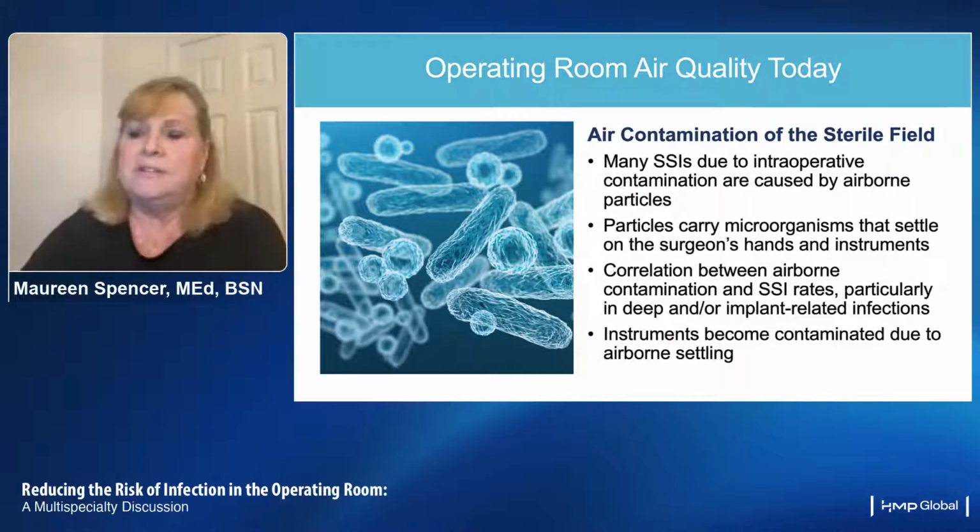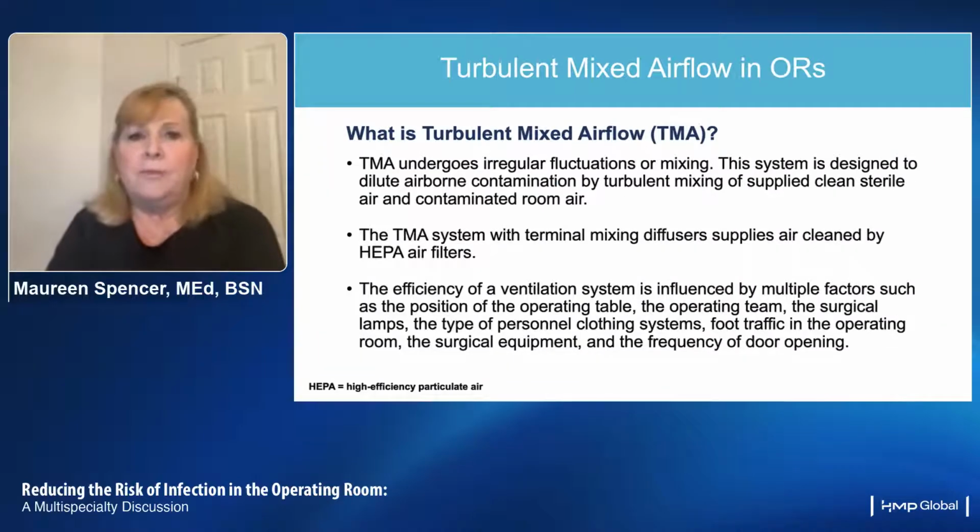And the instruments, as I mentioned, that paper was in JBJS several years ago, showing the contamination of the instruments. In operating rooms, we have a couple of different types of airflow. The turbulent mixed airflow is very common, and it undergoes irregular fluctuations or mixing.